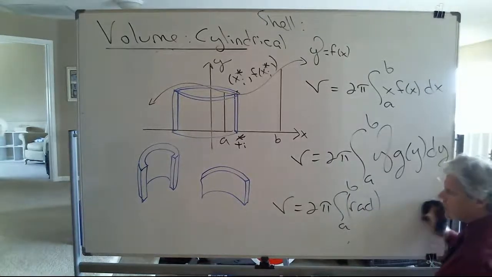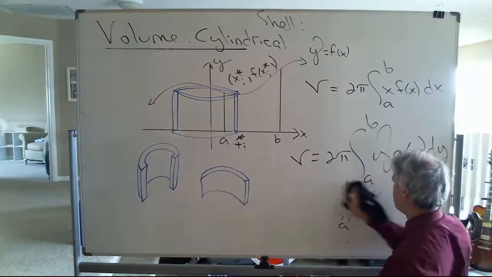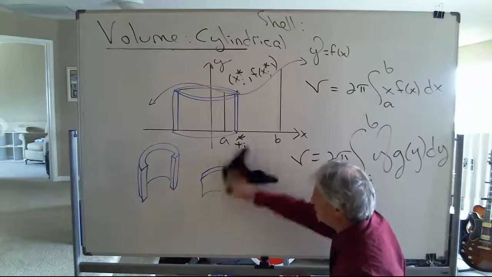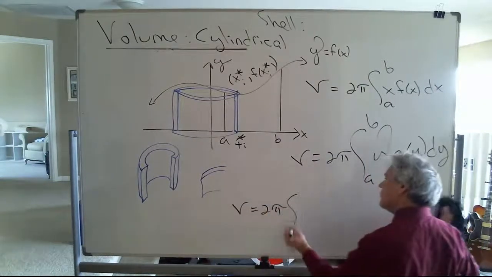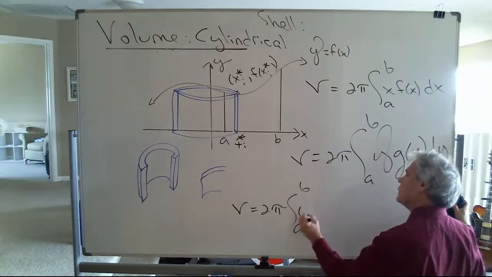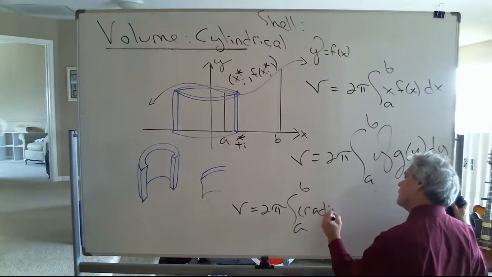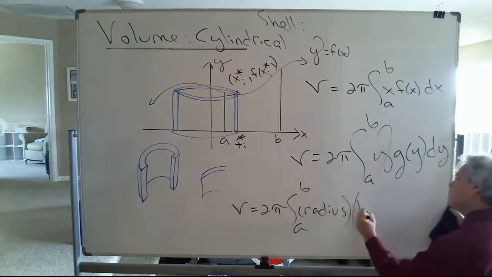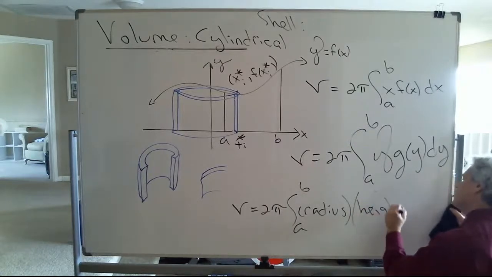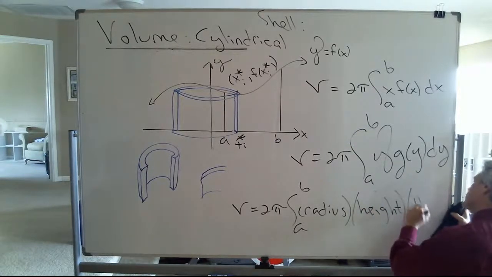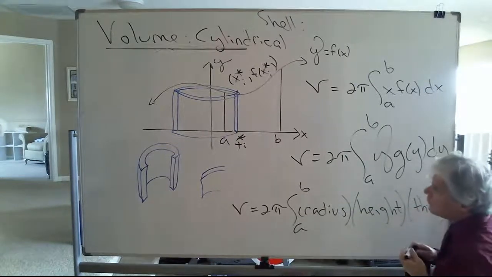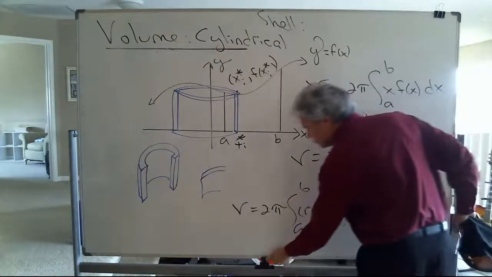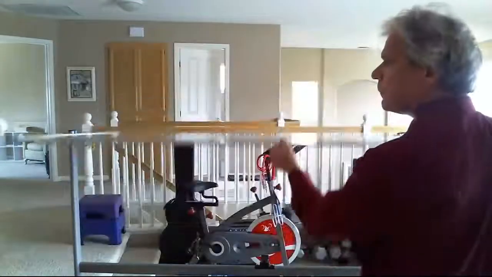Oh, I goofed up in my spacing. Let me say that one more time. I said 2 times pi times a radius times a height times a thickness. Or how about better yet, let's take this one step further.